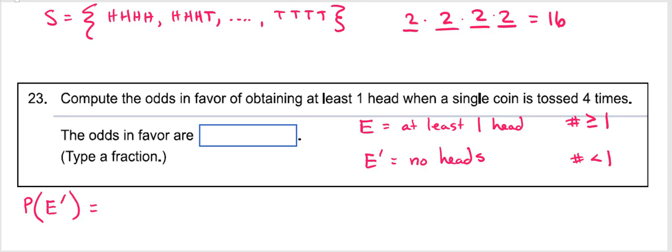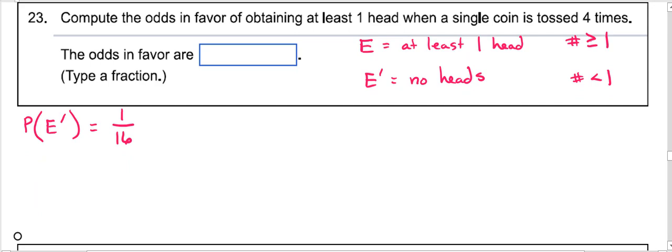What's the probability that there's no heads? Well, there would only be one outcome that would be no heads. It would be when you have 4 tails. So the probability of E complement would be 1 out of 16. So if the probability of E complement is 1 out of 16, then the probability of the event would be 1 minus 1/16, which is 15/16.